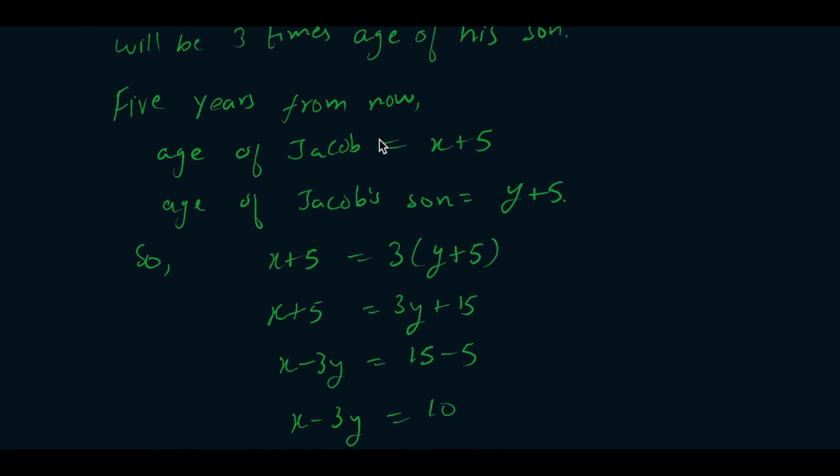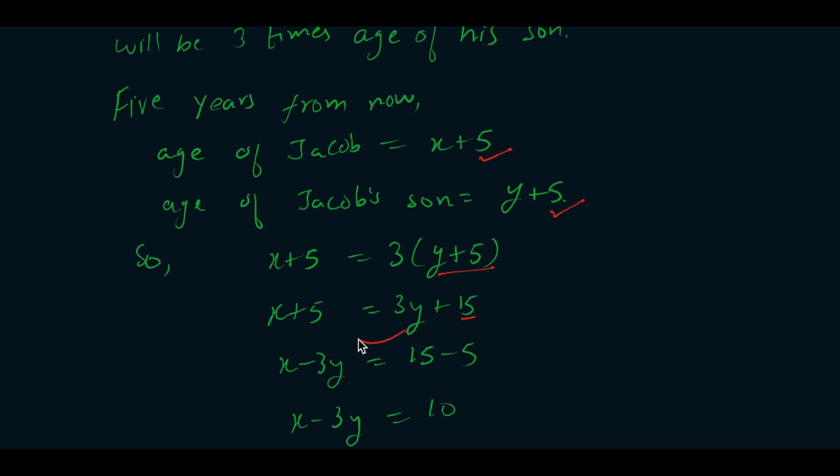So after 5 years age of Jacob will be x plus 5 and age of Jacob's son will be y plus 5. Now according to the statement, age of Jacob is 3 times the age of his son. So x plus 5 is equal to 3 times y plus 5. So x plus 5 becomes 3y plus 15.